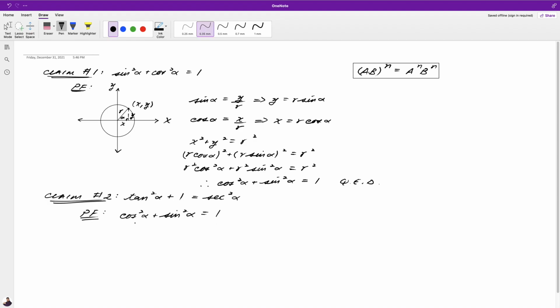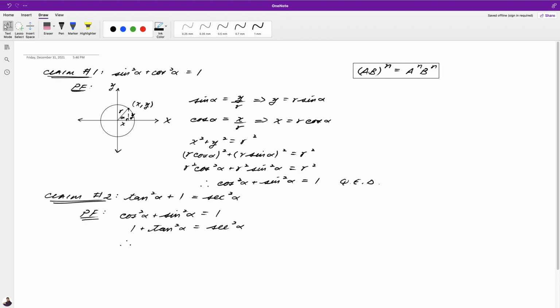Let's go ahead and divide both sides by the cosine squared of alpha. So dividing this side by cosine squared alpha and this side by cosine squared alpha, we're going to have cosine squared alpha over cosine squared alpha is 1, plus sine squared alpha over cosine squared alpha is tangent squared alpha, and then 1 over cosine squared alpha is just secant squared alpha.